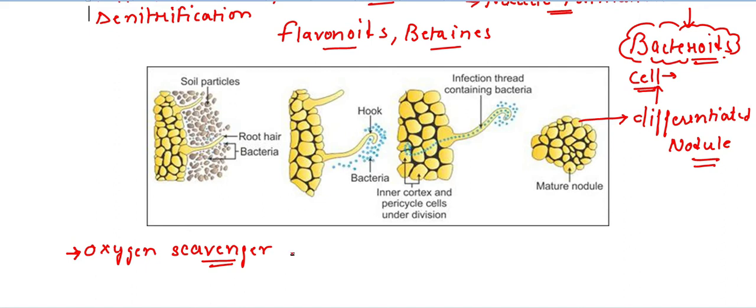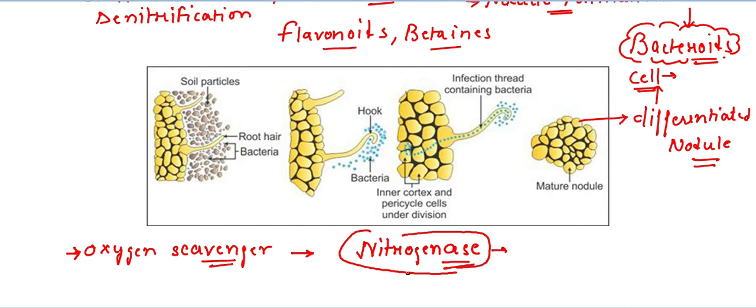What is its function? The nitrogenase enzyme, which is responsible for the conversion of nitrogen into ammonia, requires anaerobic conditions. And this pigment, which is like hemoglobin, creates the anaerobic condition for the action of the nitrogenase enzyme.